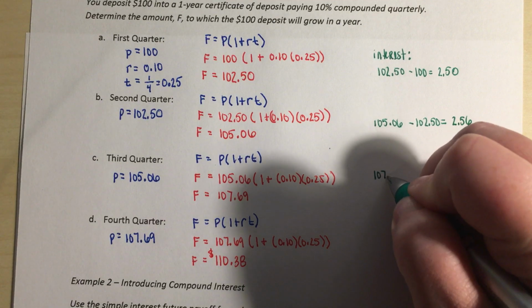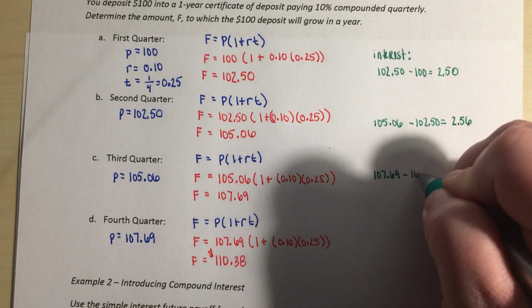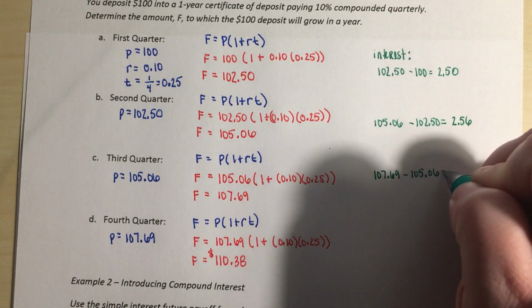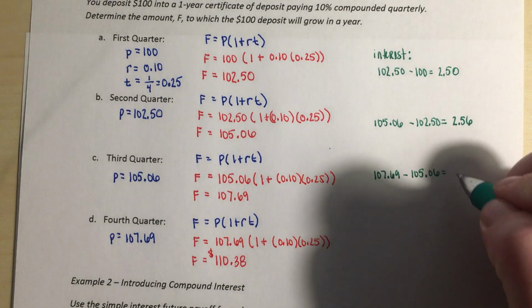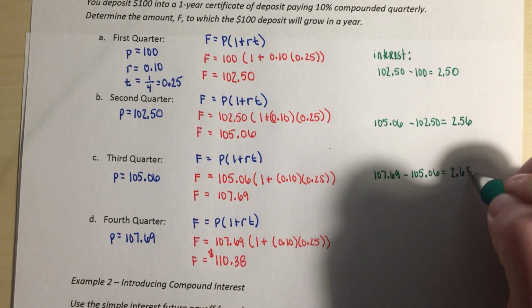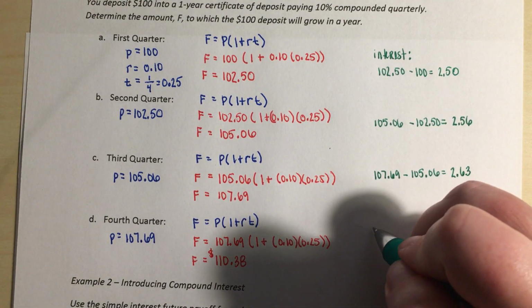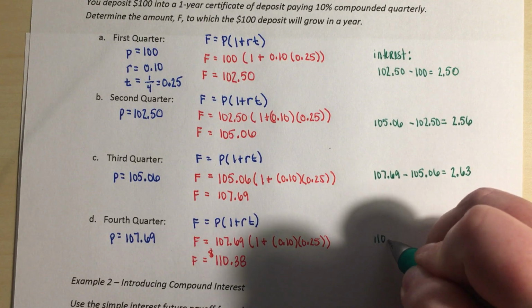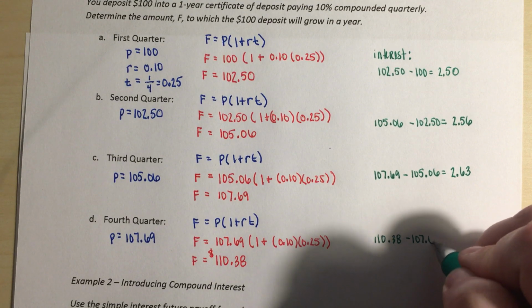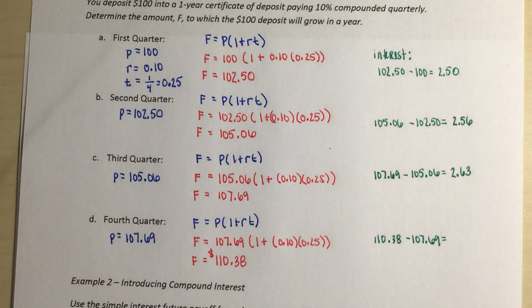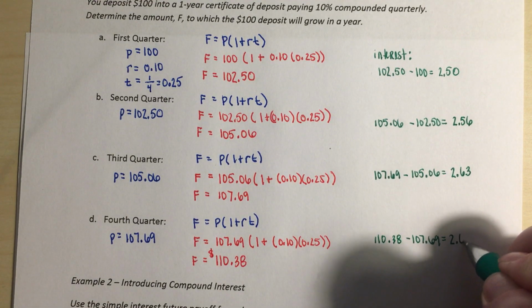If we take our 107.69 minus 105.06, we get 2.63 interest. And then if we take our final 110.38 minus 107.69, we get 2.69.